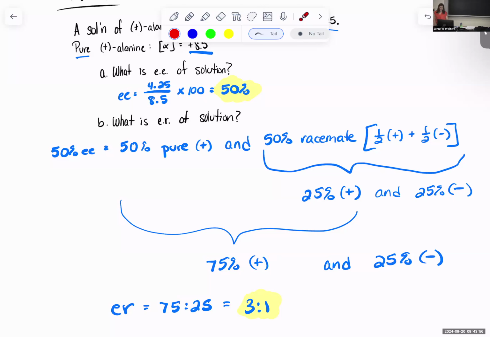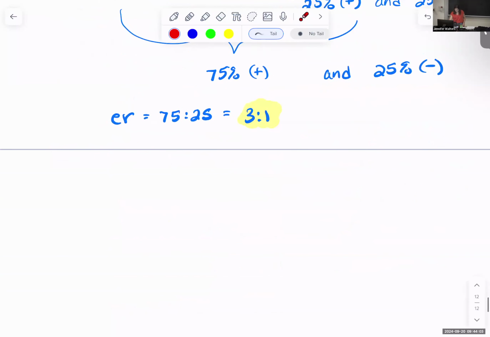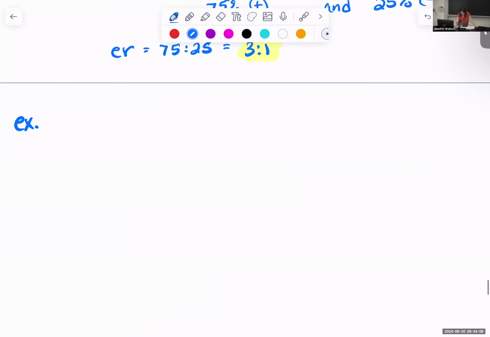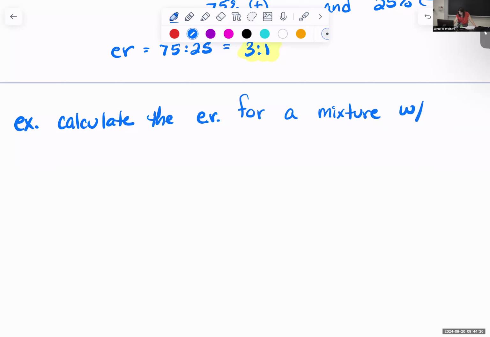So that is how you would get from EE to ER in general. Yes, so if I gave you, so we could do it again. Here, let's do another practice problem. So calculate the ER for a mixture with, let's make it 33% of the negative enantiomer, whatever it is.